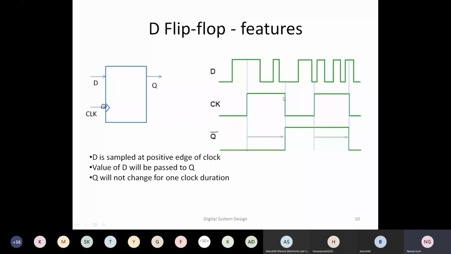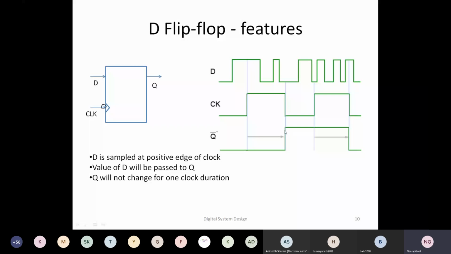But what a D flip-flop means is that whenever the clock goes from negative to positive, whatever is the value of D, that would remain the same throughout the clock period. Here it is being triggered both at the negative as well as the positive edge. Here, in the negative edge, the value of D was 0 and it stays the same for that half of the clock period.